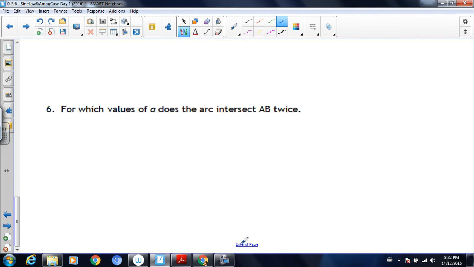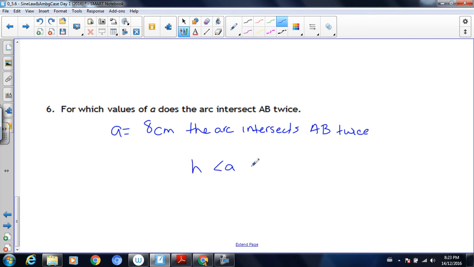Okay? So now, for which value of A does the arc intersect twice? Well, when side A was equal to 8 centimeters, that's when the arc intersected AB twice. So when side A is greater than my height, but less than side B, I have two triangles.